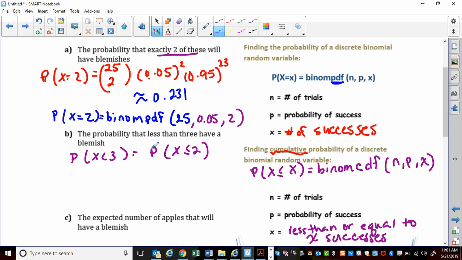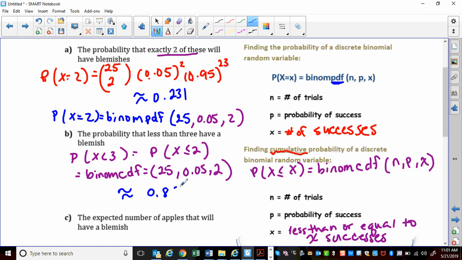Okay, so this time we're going to go back to second vars, and we're going to pick the one that says binomial CDF. Still, my number of trials is 25, 0.05 chance, and it's going to be 2, but it's going to give us a different answer. So at most 2 blemishes is approximately 0.873, for an 87% chance.